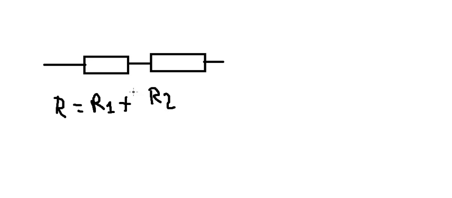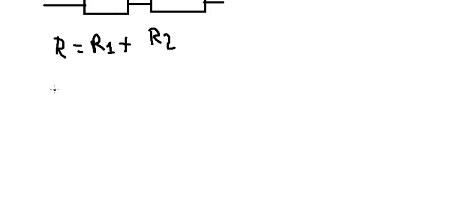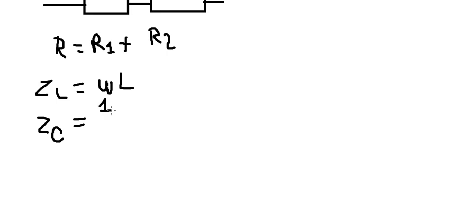So in this situation, we know that ZL is the impedance of the inductor, and ZC is the impedance of the capacitor. The formula for this one is omega multiplied by L, and for this one it is 1 over omega multiplied by C.